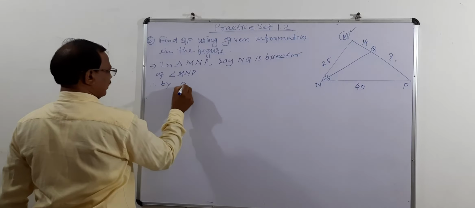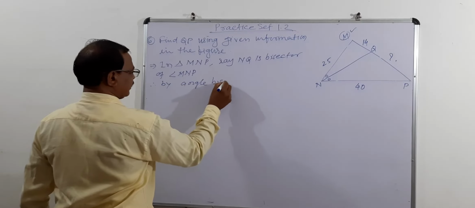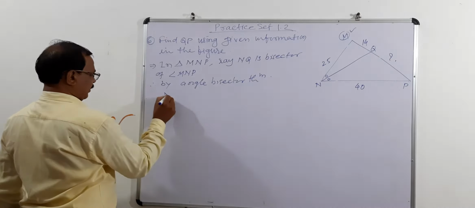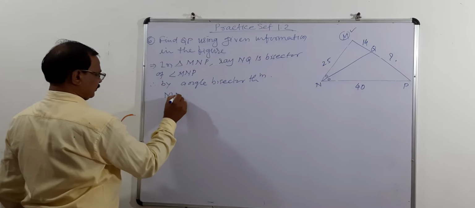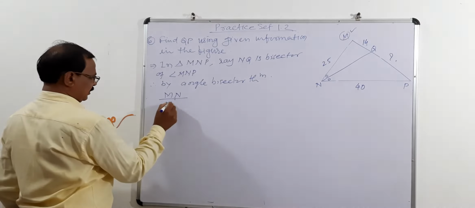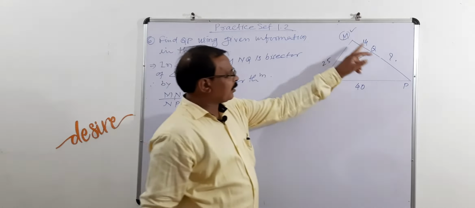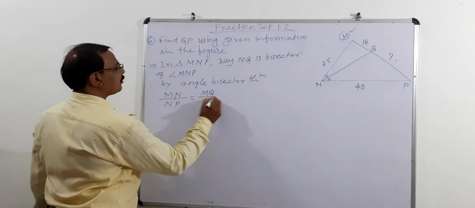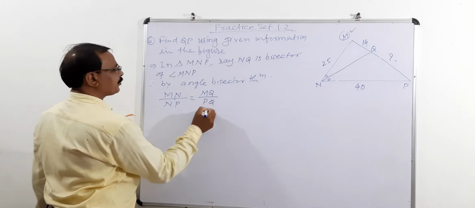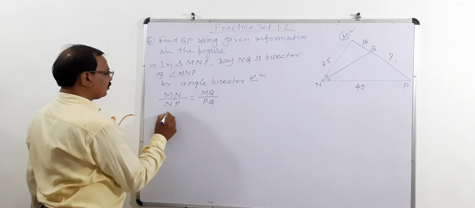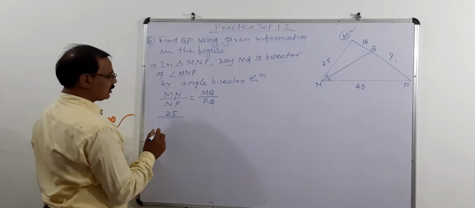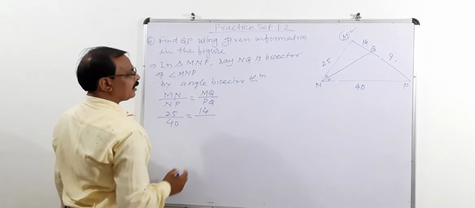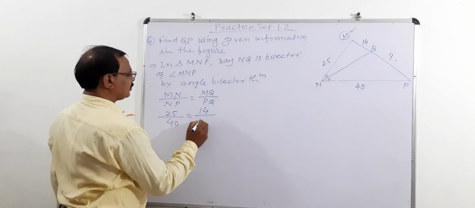Therefore, by angle bisector theorem, MN divided by NP is equal to MQ divided by QP, MQ divided by PQ. The value of MN is equal to 25. The value of NP is equal to 40. MQ is equal to 14, and PQ we have to find out.